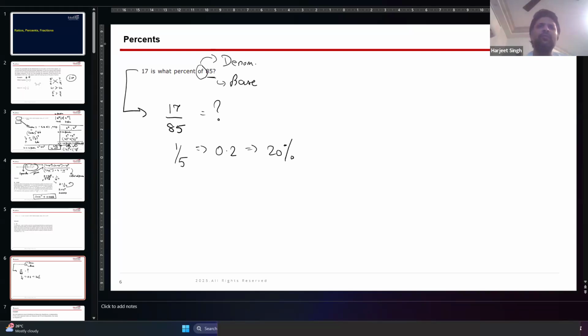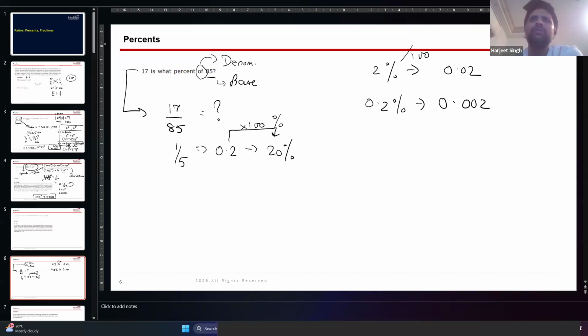Whenever you want to move from a decimal to a percentage, you just multiply by 100 and express that as a percentage. Which also means that if I give you 2% in decimals, you need to divide by 100, which means 2% becomes 0.02. 0.2% becomes 0.002 and 0.02% becomes 0.0002.